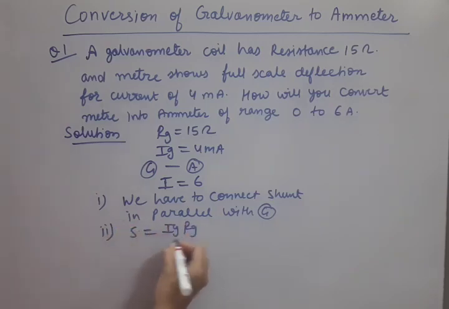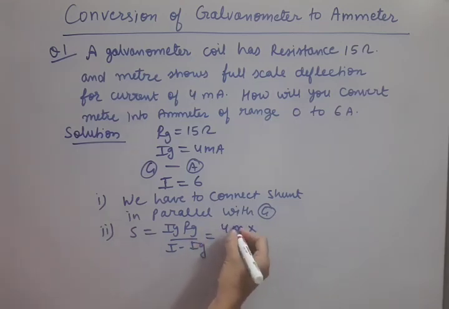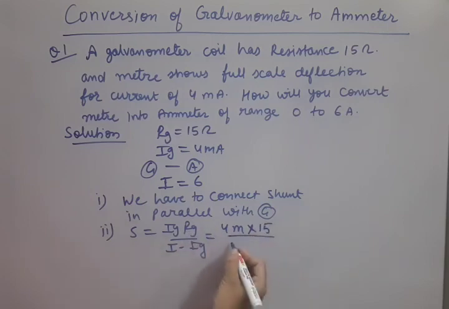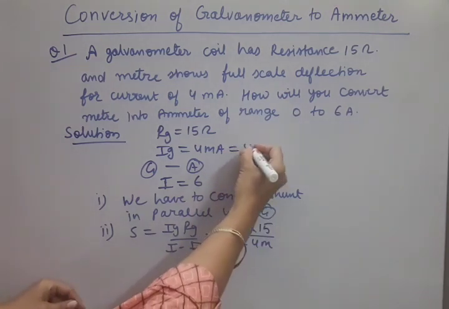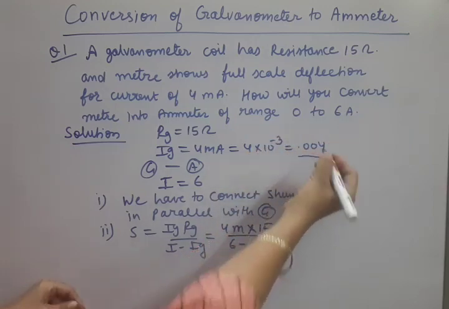The shunt formula is Ig Rg upon I minus Ig. Very easy formula to remember. Ig Rg upon I minus Ig. Let us put all the values. So 4 milli. I am keeping milli here only. If needed, I'll put its meaning. Milli is 10 raised to power minus 3. Rg is 15. Then I is 6. And here Ig is 4 milli. Now I need to convert milli also. So 4 milliampere means 4 into 10 raised to power minus 3, or 0.004.